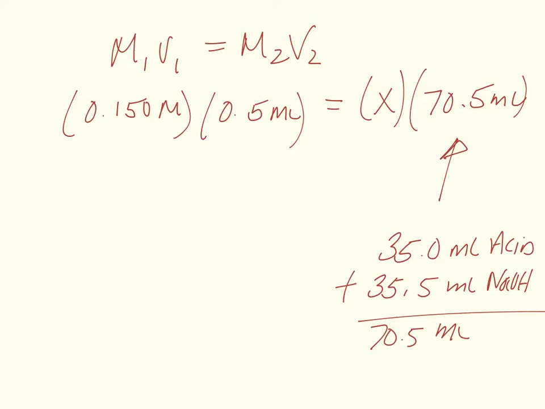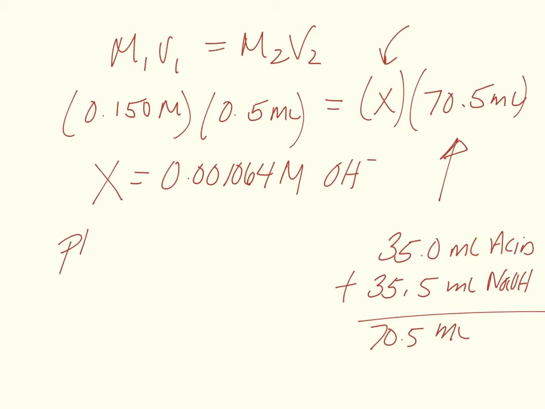What we're solving for then is the concentration of the hydroxide ion in this solution, which we're, for all intents and purposes, taking to be pure water. When we solve for x, we're going to get a value of 0.001064 molar, and that's the molarity of our hydroxide ion.